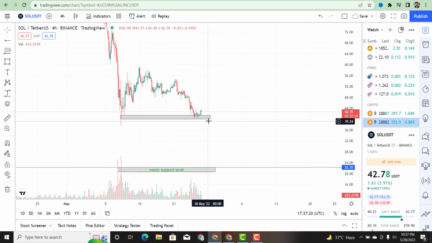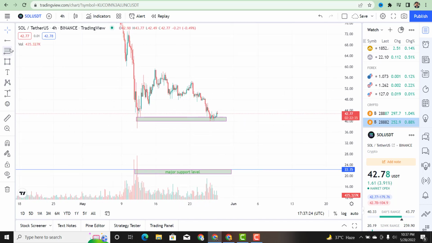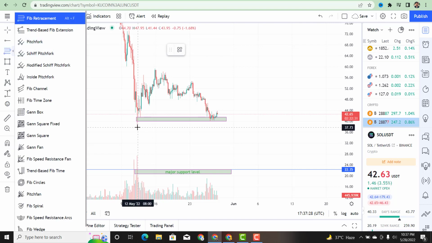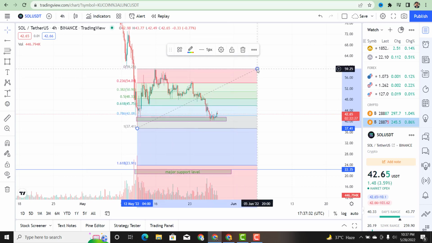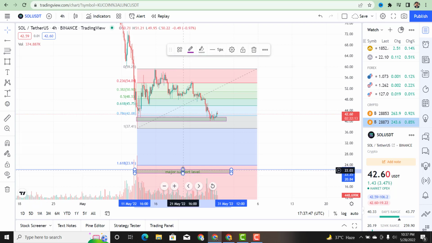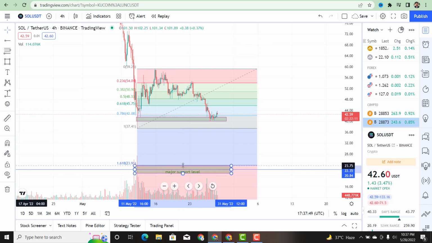You do not want this coin to be dropping below this point. If in case it drops below this point, what you should be expecting is, let's say, yes, exactly these levels. I would mark them. This was marked on the daily time frame, so it's not an issue if I just do this.